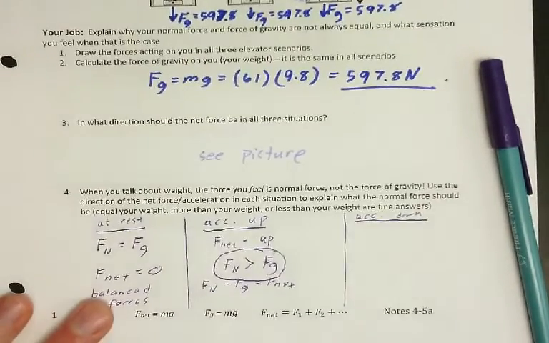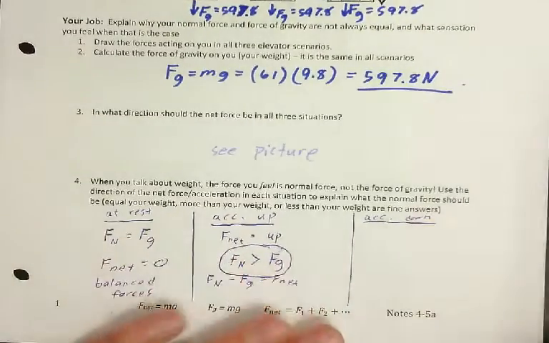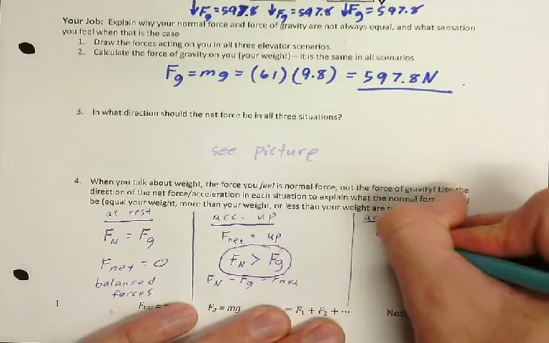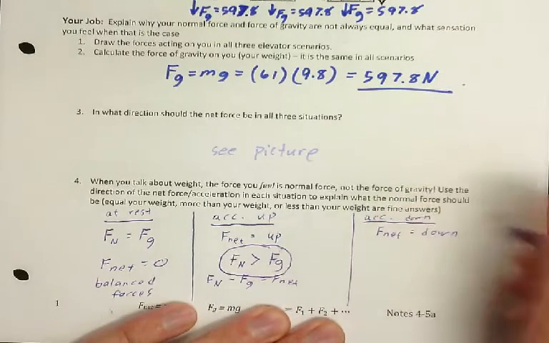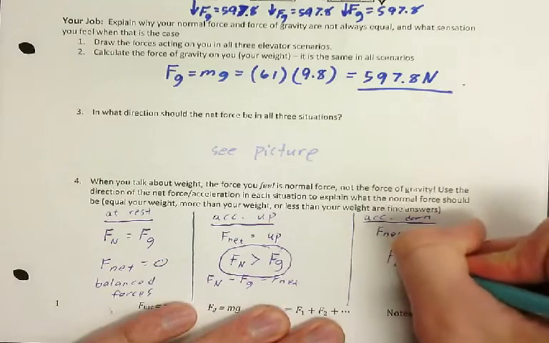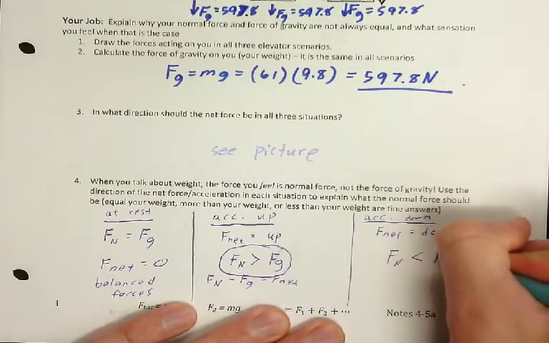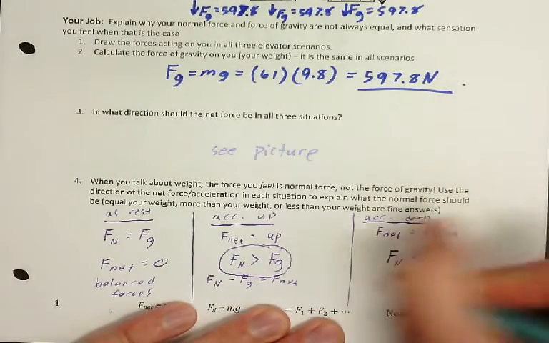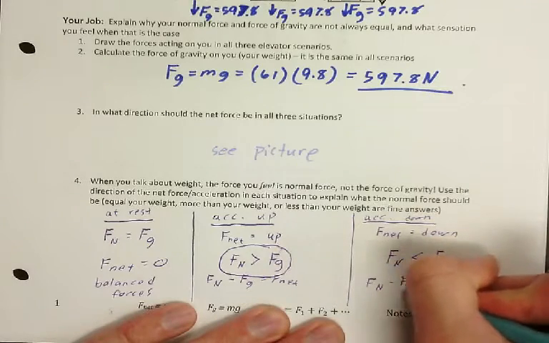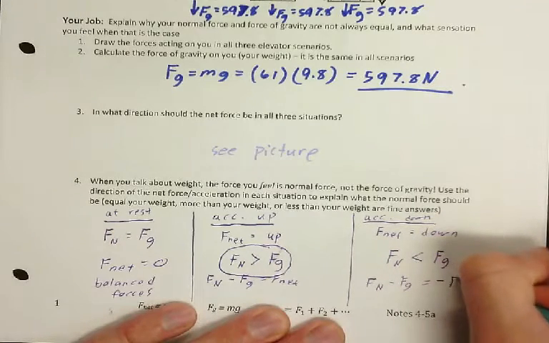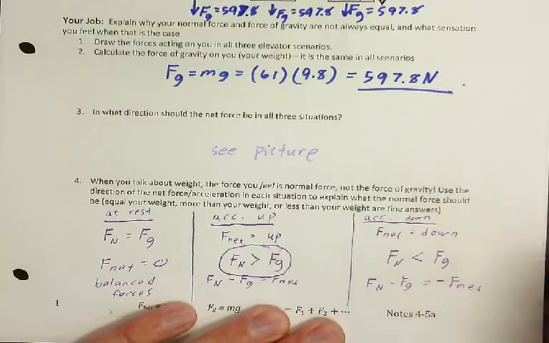Okay? What about accelerating down? So the net force on this one is down. So this one, the normal force would be less than gravity, for the same reason. Normal force minus gravity equals a negative net force because the net force is down.